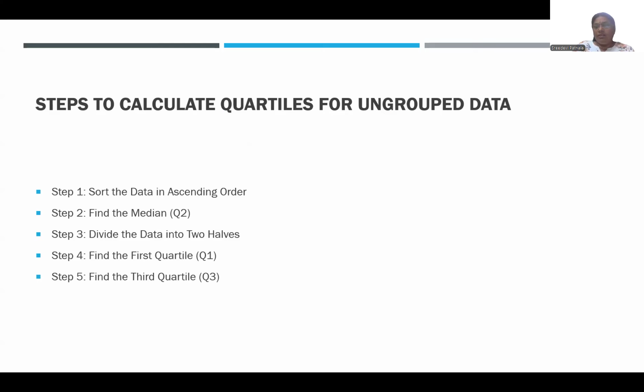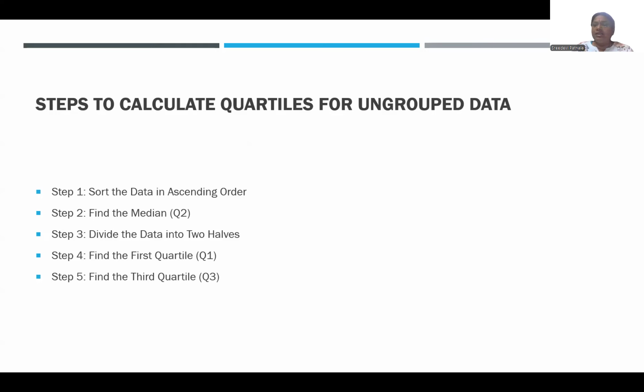Once you get the Q2 value, divide the data into 2 halves, a lower half and an upper half. Then find the first quartile and third quartile, since you know the Q1 formula and the Q3 formula. Then you interpret the IQR. These are the steps for an ungrouped data set.